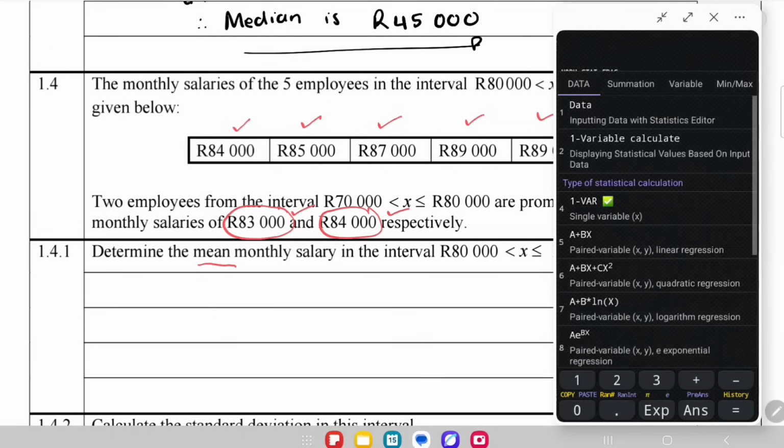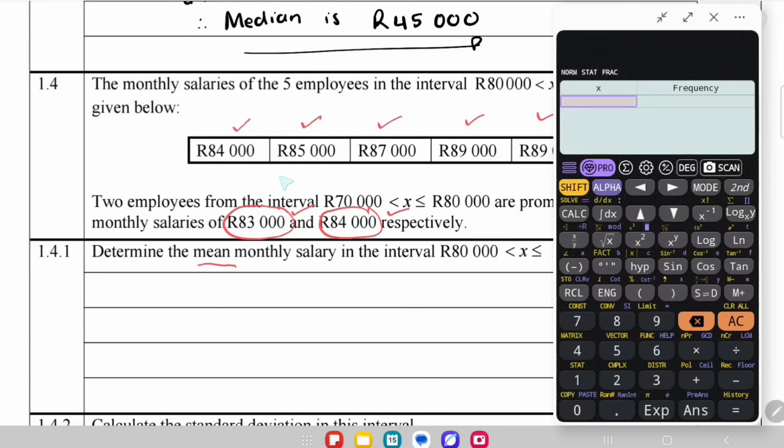Now, the data set we're working with is not a data set with 2 variables in this case, because we're just looking at their earnings. Okay, so these 7 employees. So we're going to go for 1 VAR. Okay, and then let's just put down the values. It's only 7 values. It's 84,000, 85,000, and then 87, 89, that, and then these 2 as well.